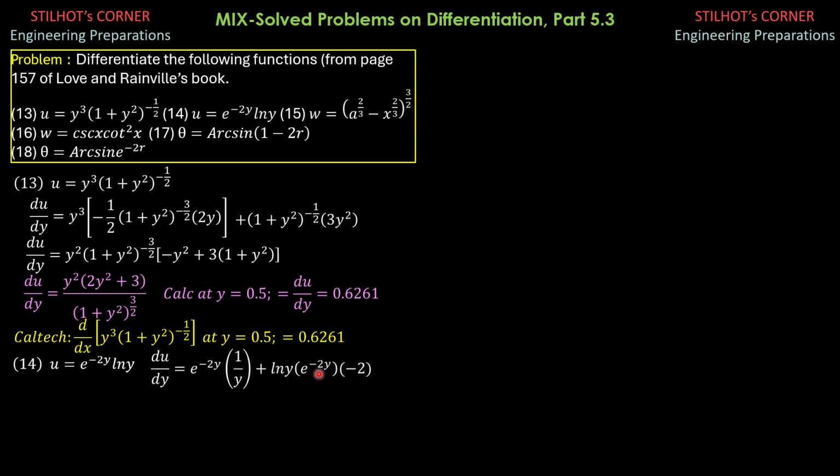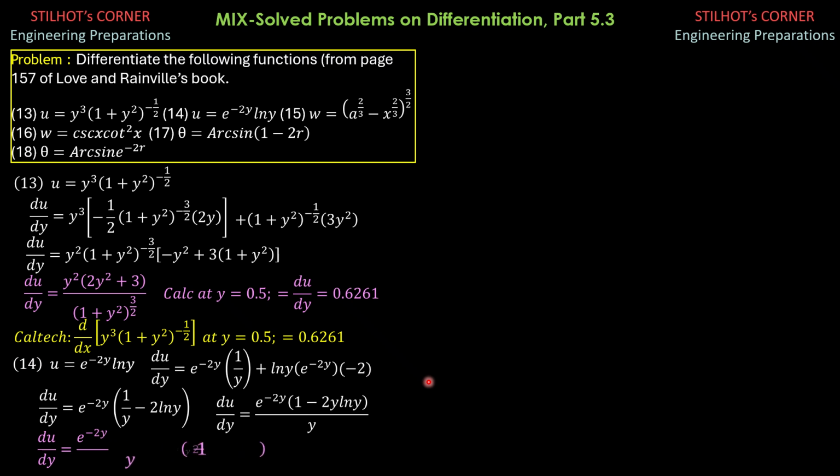So factor out e to the negative 2y, then you'll have times 1 over y, then minus 2 ln of y. So simplify algebraically, du dy is e to the negative 2y times quantity 1 minus 2y ln of y all over y. So final answer, du dy is e to the negative 2y over y times 1 minus 2y ln of y.